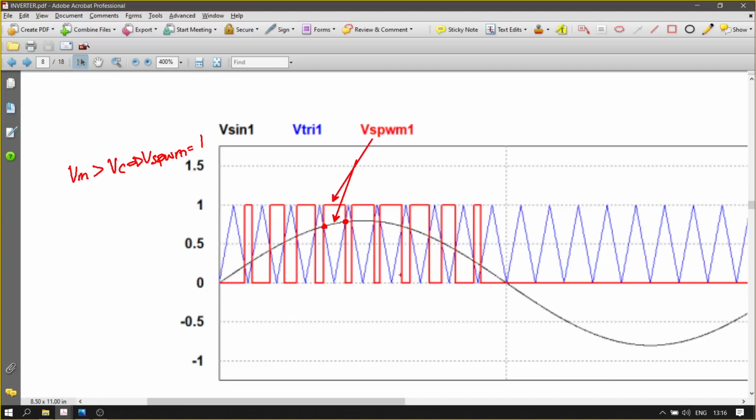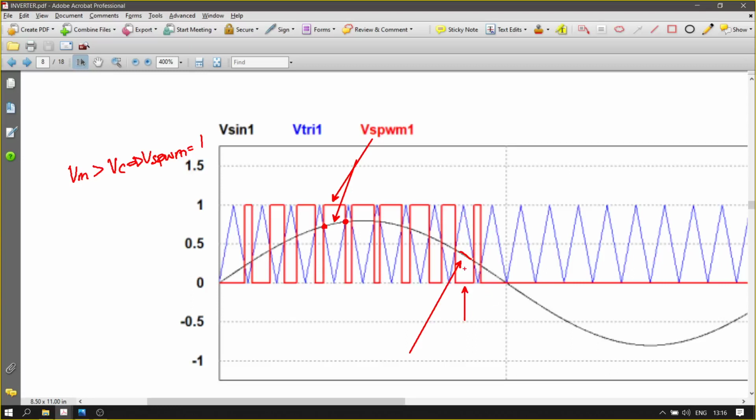Whenever the voltage is 0, let's look at this area here. You see that the Vm, this is your Vm here, is lower than the carrier signal, and therefore the PWM equals 0.